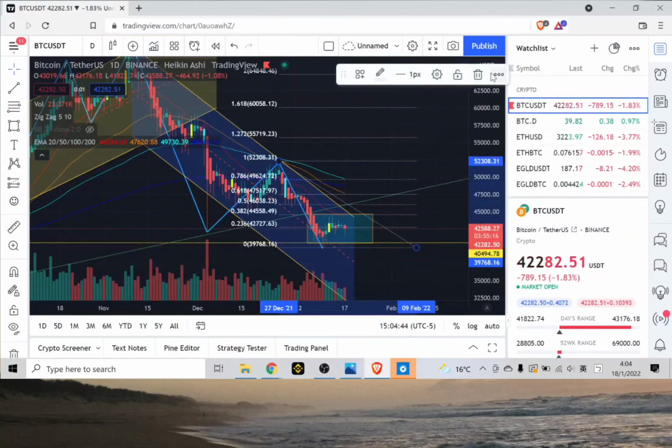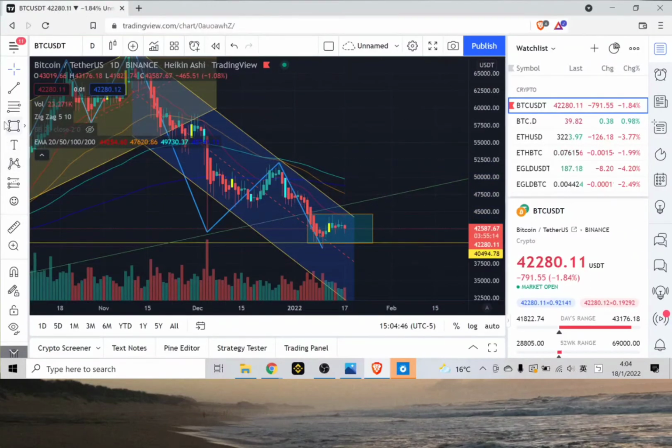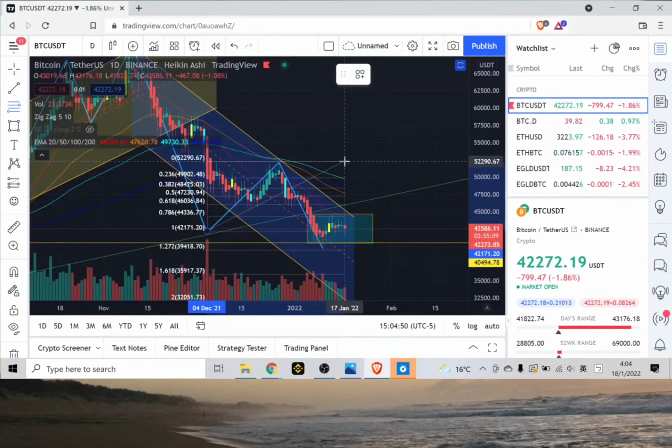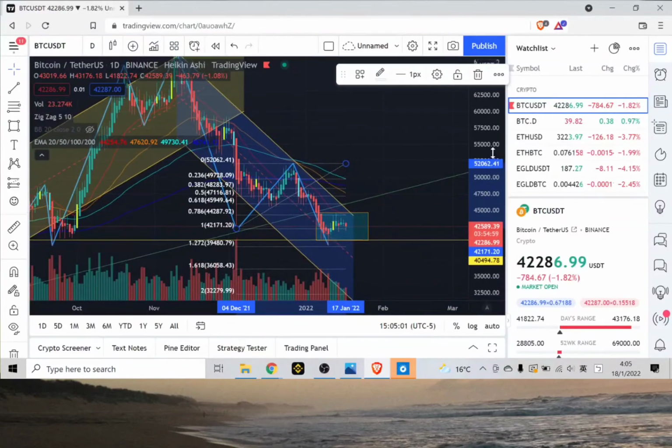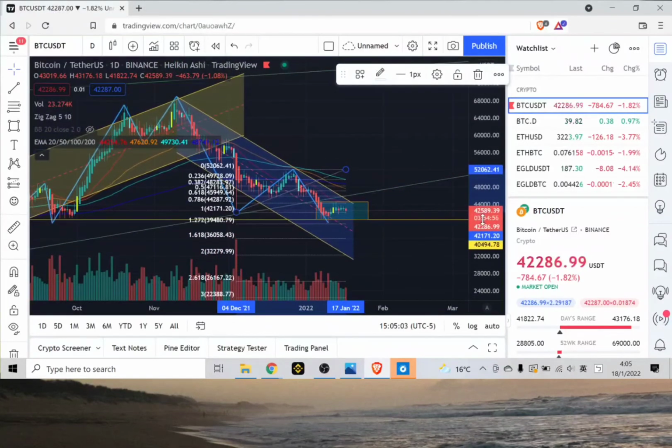So if we have to look at downside target, we can use this to swing low, to swing high. Downside target, we have one, that's here, 39.48k, and if we had to go lower, we'll be touching 36k, which is very unlikely.